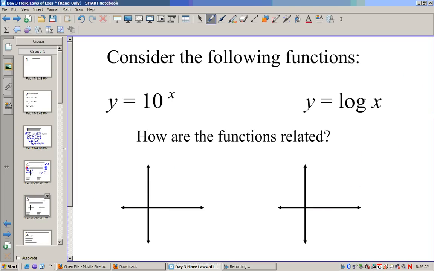Alright, also, with 10 to the x and log base 10, we could graph these on our calculator. Starts close to the axis, curves pretty quick.